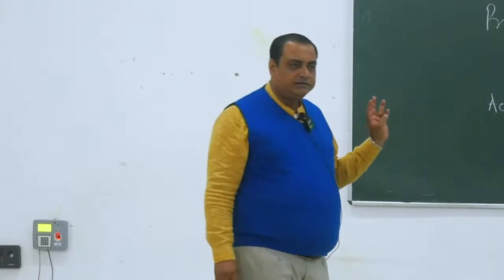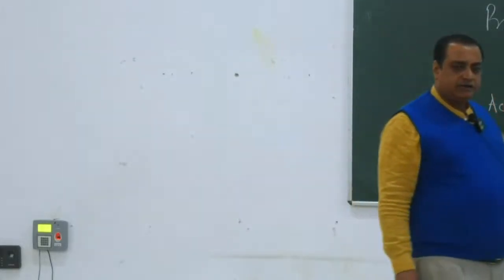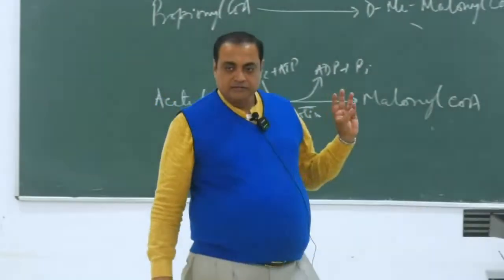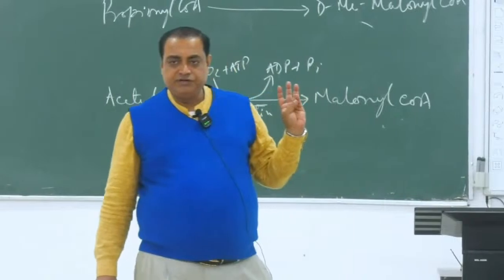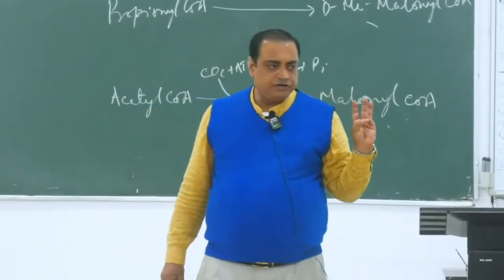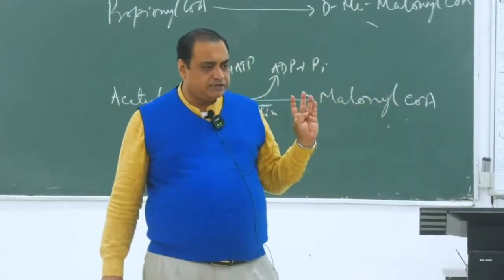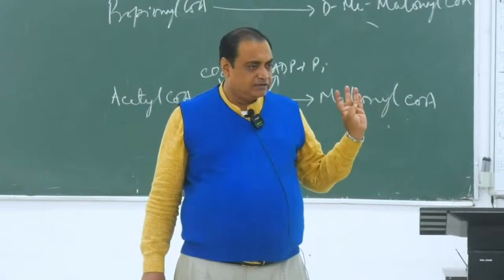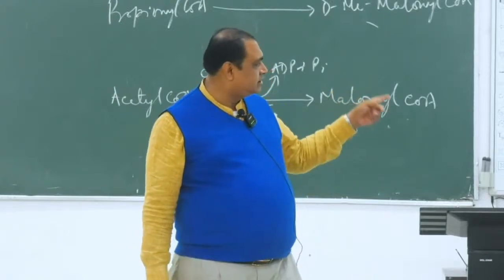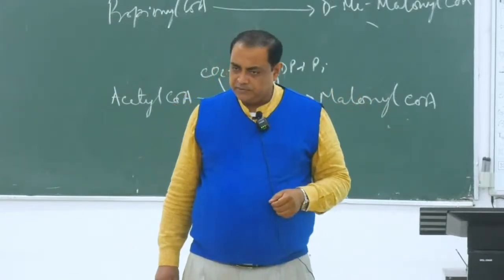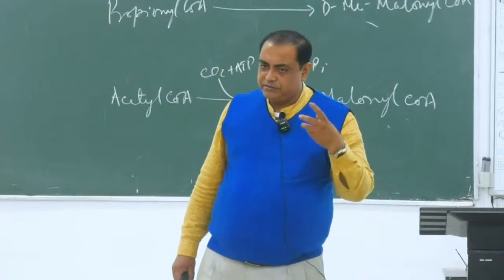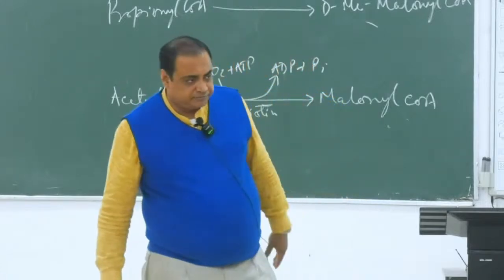In TCA cycle, IDH, isocitrate dehydrogenase, alpha-ketoglutarate dehydrogenase, malate dehydrogenase. So five I have told you already. So remember the names which require NAD.